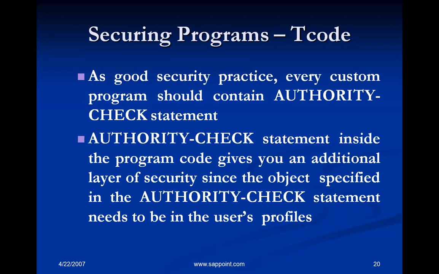If you use these three concepts, creating a custom transaction code, including an authority check statement in the program, and also assigning the authorization group to the program, you basically take every possible care option that SAP gives you to protect access to programs. So custom transaction codes are what SAP recommends to give access to programs. For every program, you recommend creating a custom transaction code.